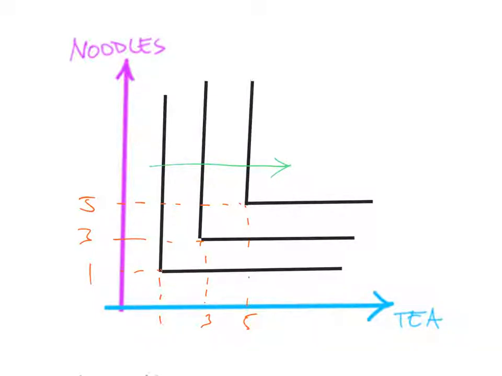Yes, Bjorn. Do the goods interact with each other in a certain way that you need a ratio, or at least a certain ratio of them, and beyond that or below that, they're not really useful? And what's the ratio? 1 to 1. Yeah, that's what it means. It means this person has noodles with tea, and that's it. 1 cup of noodles with 1 cup of tea, and that's how this person likes it.